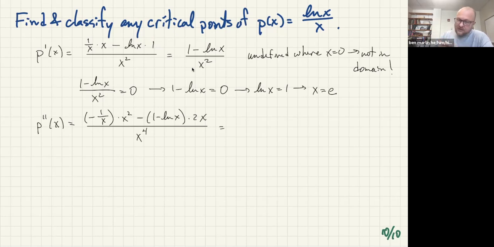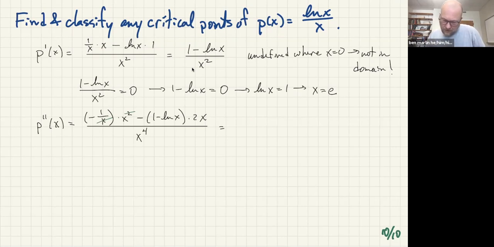So let's simplify where we can. First simplification that I spot is that I can cross out an x here. And then the next thing, I think I better go ahead and rewrite a little bit first.